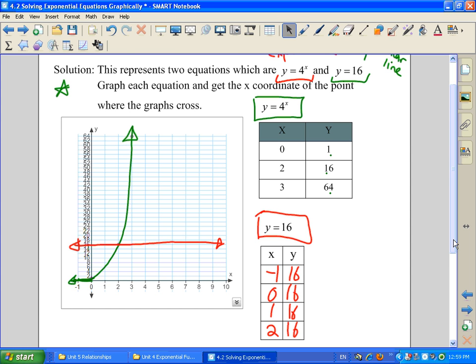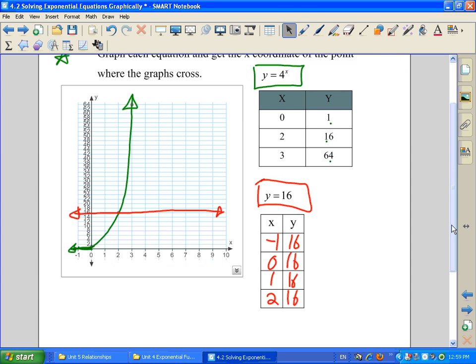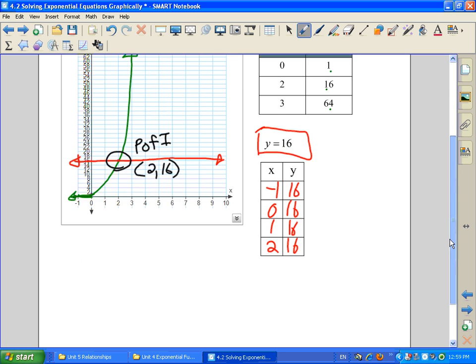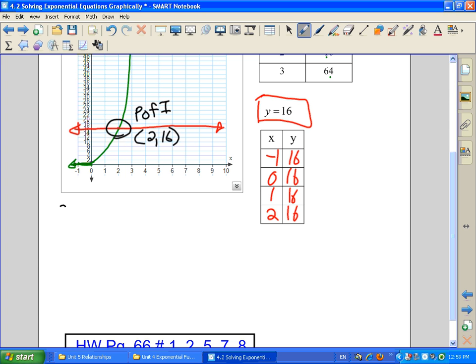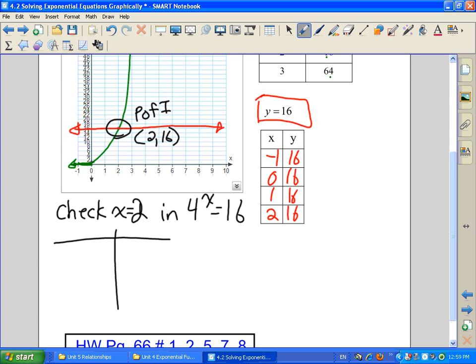Okay, and then what we do, folks, is look for the point of intersection. The point of intersection, P of I, in this case is 2 and 16. So what we then want to do is do what's called a check. We're going to check x equals 2 in 4 to the x equals 16. Remember, guys, when you do a check, you do a left side, right side check. What's on the left side? 4 to the exponent x.